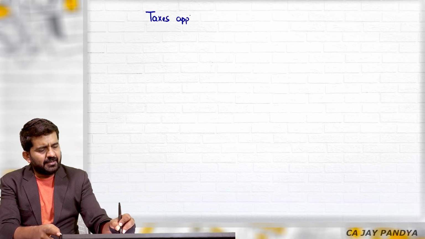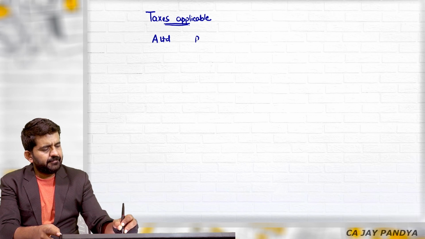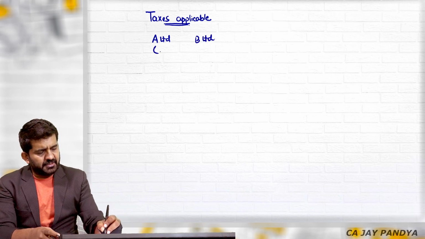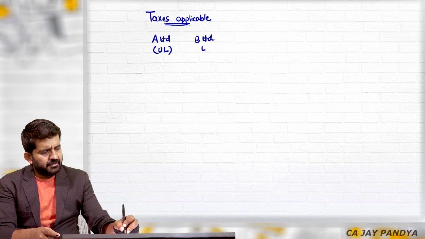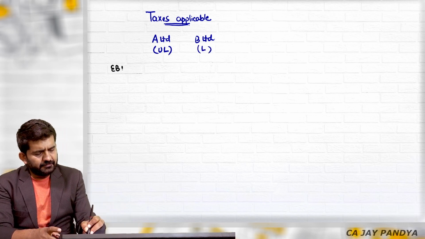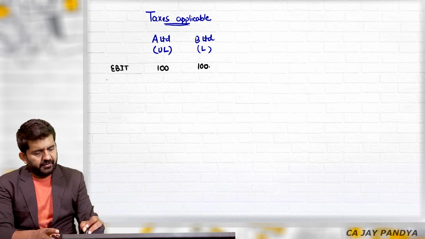Suppose for the same companies, A Limited and B Limited, taxes are now applicable. Still they are earning the same EBIT, 100 and 100.